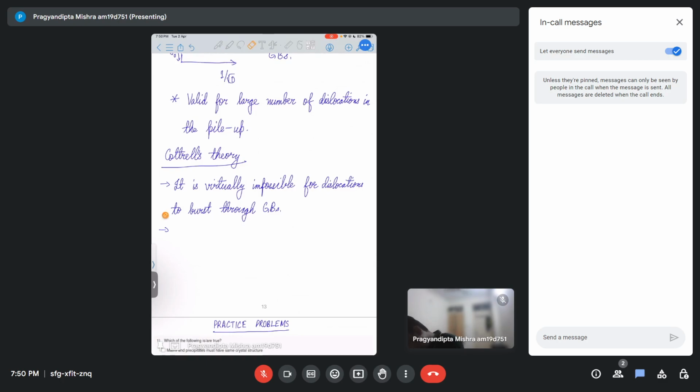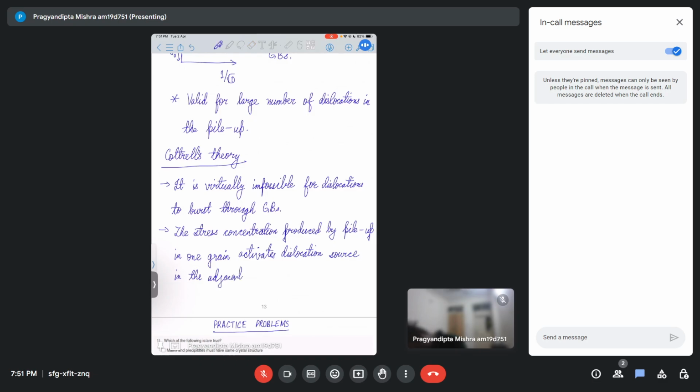So this is the basic premise of Cottrell's theory.